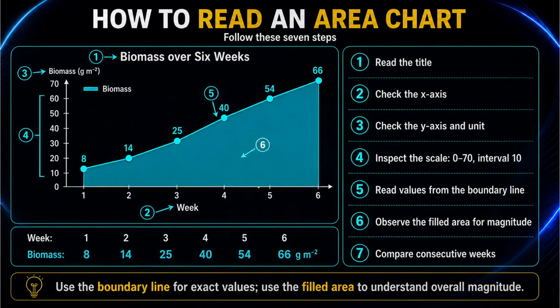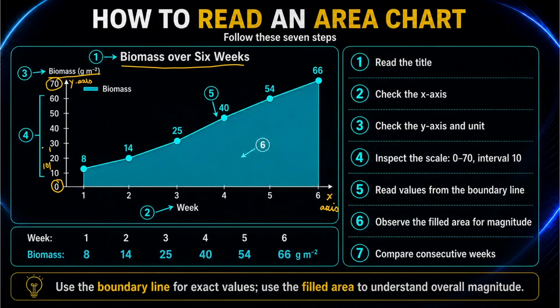Now let's learn how to read an area chart in 7 simple steps. First, read the title, biomass over 6 weeks. Second, check the x-axis, which shows weeks 1 to 6. Third, check the y-axis and its units, biomass in grams per square meter. Fourth, inspect the scale. It runs from 0 to 70 with intervals of 10.